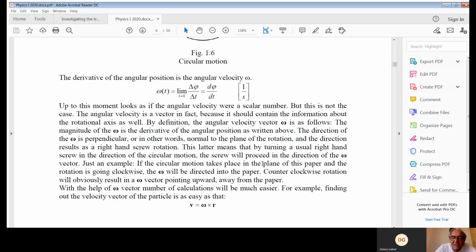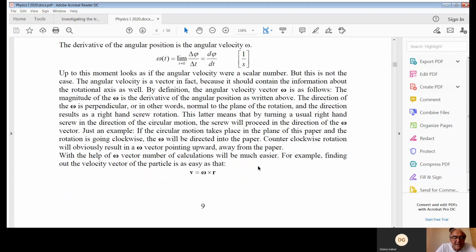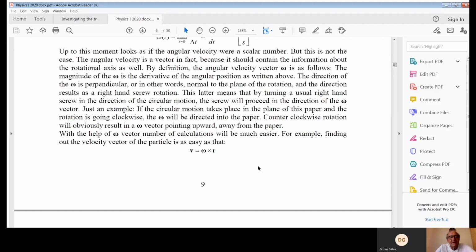So that is the definition, and it's a very useful counterclockwise rotation will always result in an omega vector pointing upward from the plane, away from the plane. That is a very useful definition because it makes it possible to use it without so many words and verbal explanation.